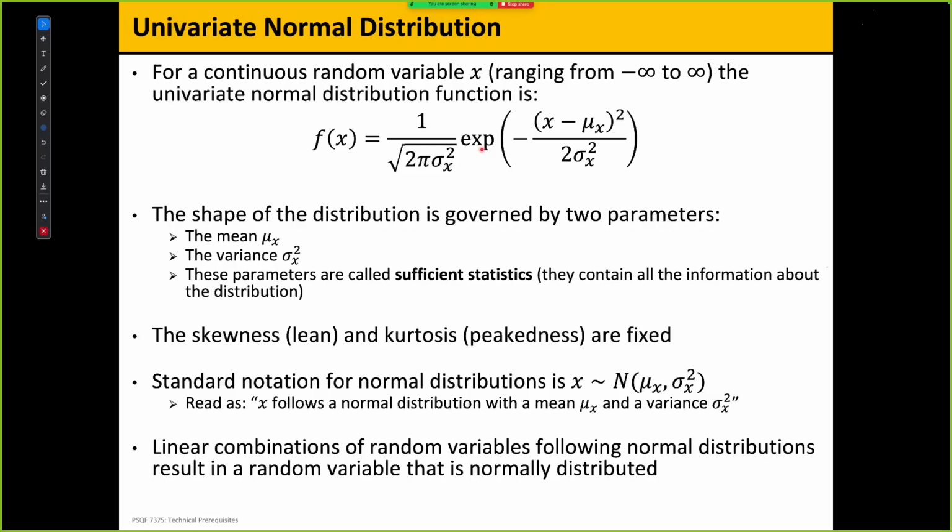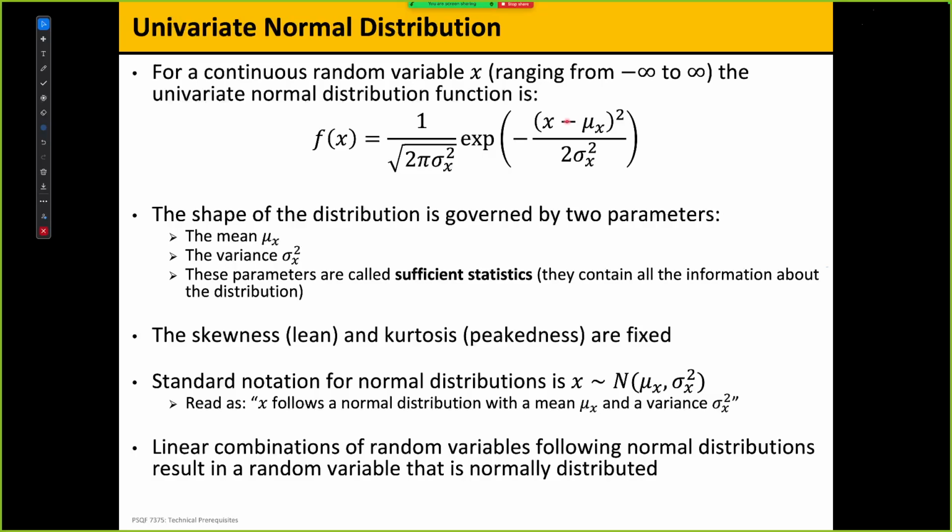Let's compare normal then. So if you have an outcome, a random variable x with a sample space of the real number line, negative infinity to positive infinity, then the likelihood function for x is given by this thing, 1 over the square root of 2 pi sigma squared times e, or exp, Euler's constant, 2.71, raised to the value in the parentheses here, the random variable value x minus mu of x squared over 2 times sigma squared x, and that whole term is multiplied by negative 1.